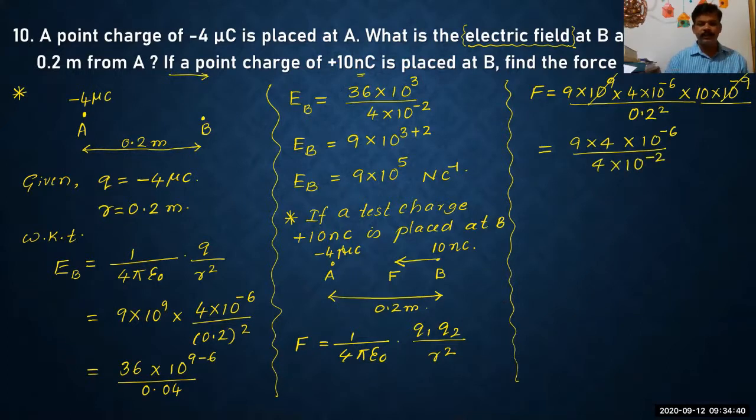Okay, as we did in the previous case, it is 4 into 10 raised to minus 2. Again 4 cancelled. Then here 9 into 10 raised to minus 6 is already there. Then the denominator becomes plus 2. Right? Hence F is equal to 9 into 10 raised to minus 4 Newton.